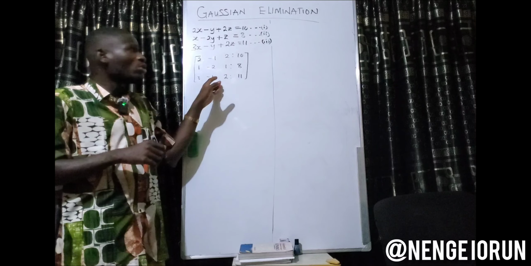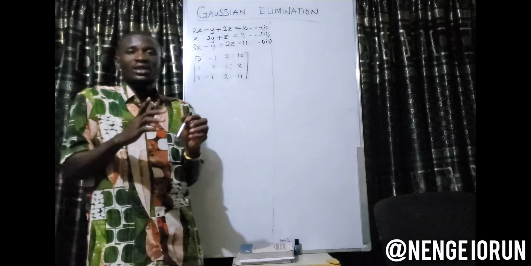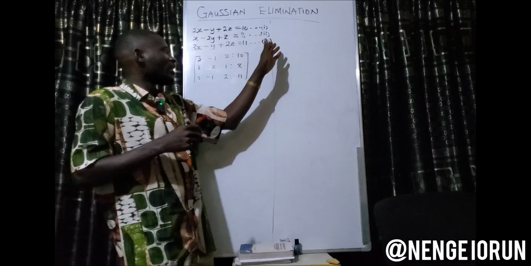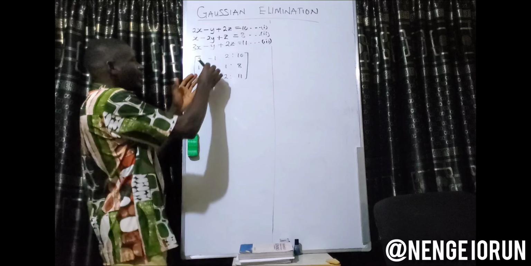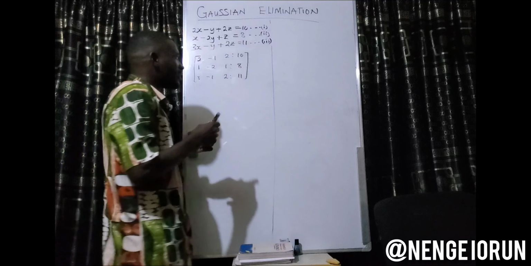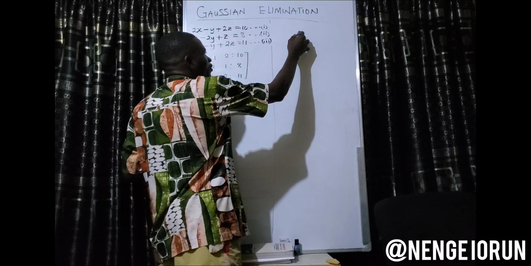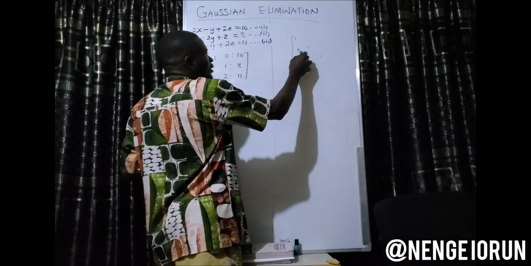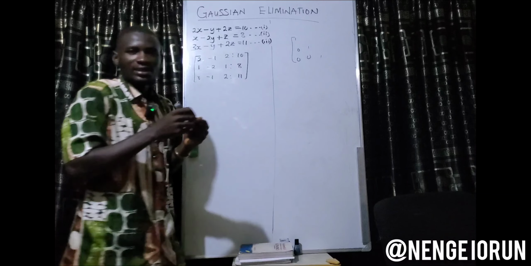Now from here, the goal of the Gaussian elimination method is to have a 3 by 3 matrix where all the elements on the major diagonal are equal to 1 and the elements below the major diagonal are equal to 0. That is, the goal is to have something of this nature: 1, 1, 1 on the diagonal, 0, 0, 0 below it, regardless of what we have on the other side.